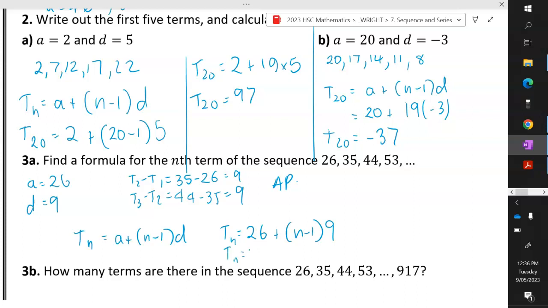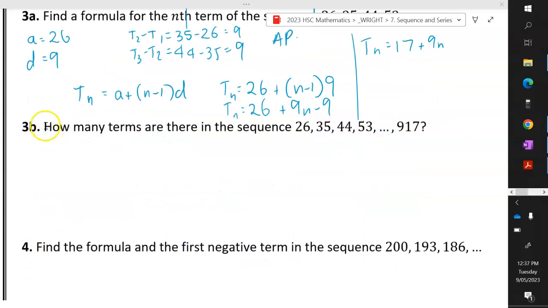So term n is 26 plus 9n minus 9. We can neaten that up a little bit further. So what we're going to end up with is term n is going to be 26, or not 26, sorry. And so that was 17. 17 plus 9n.